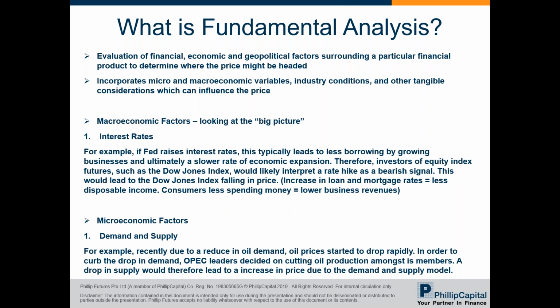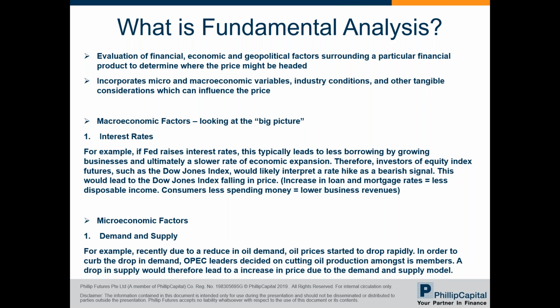Therefore, investors of equity index futures, such as the Dow Jones Index, would likely interpret a rate hike as a bearish signal. This would lead to the Dow Jones Index falling in price, because an increase in loan and, let's say, mortgage rates for your mortgage loan equals less disposable consumer income. Consumers with less spending income equals lower business revenue.